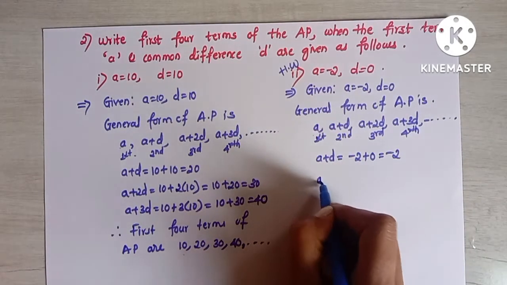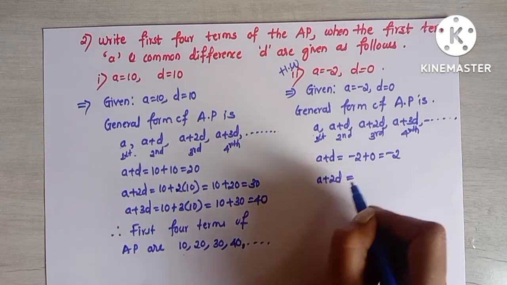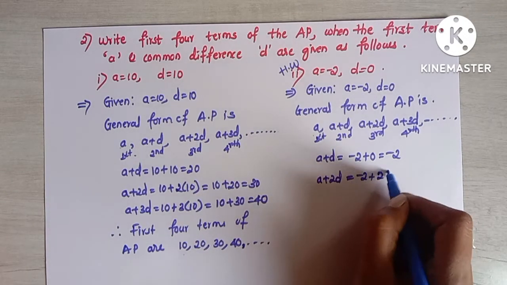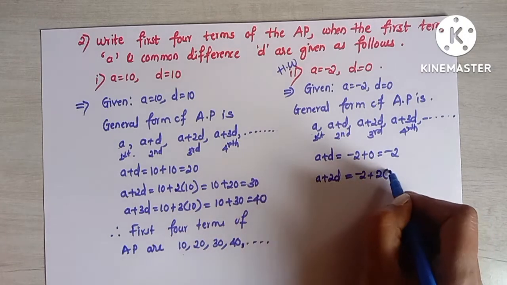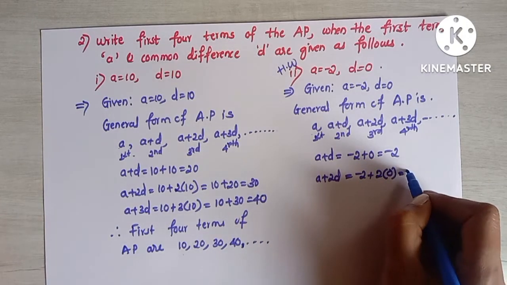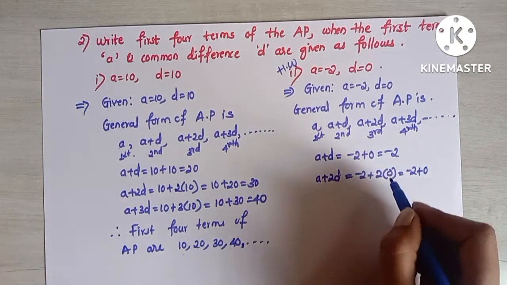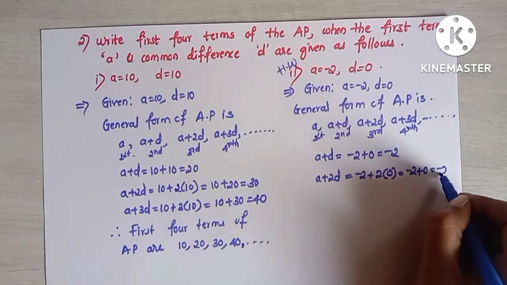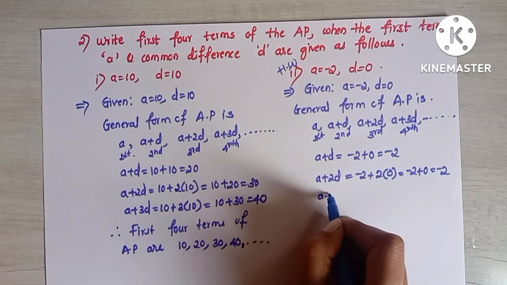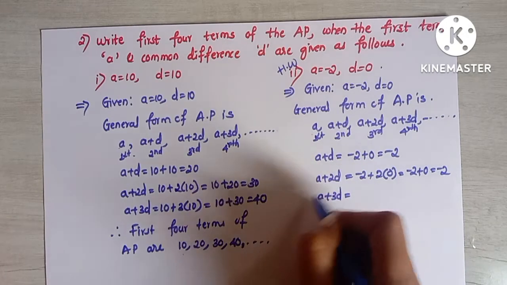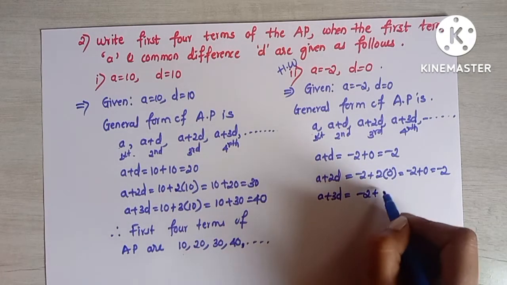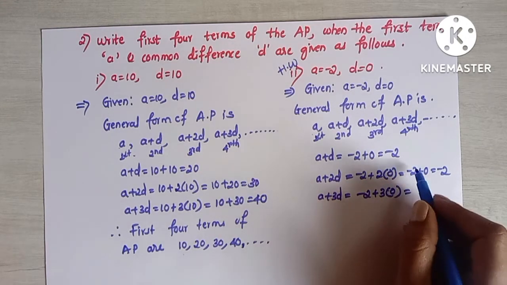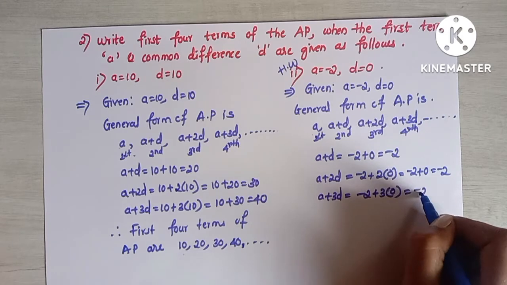Next A plus 2D. So A is minus 2 plus 2 into D. 2 into D. D value is 0. So this will be minus 2 plus 0. So anything multiplied by 0 is always 0. So this will be minus 2. Next A plus 3D. So what is A? Minus 2 plus 3 into what is D? It is 0. So this will be minus 2.